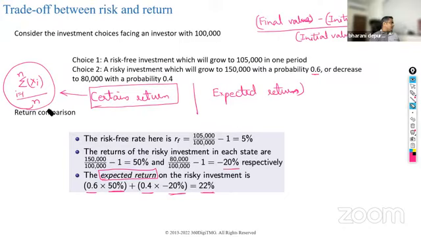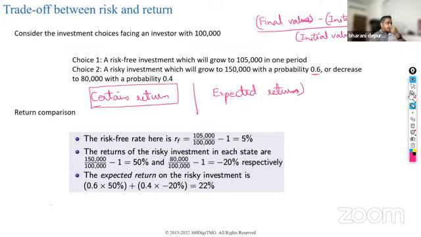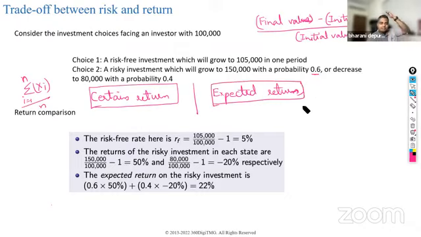Then, if you look at the formula pertaining to expected return, you take the same formula, but now you multiply it with probability.